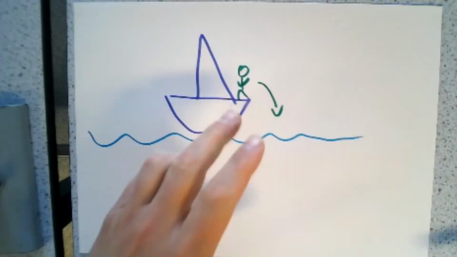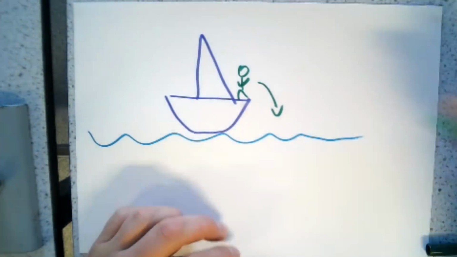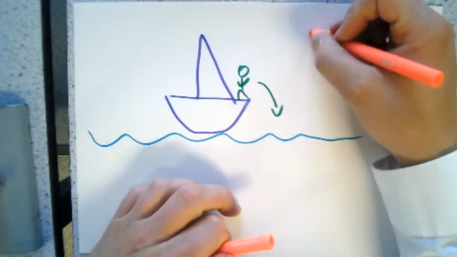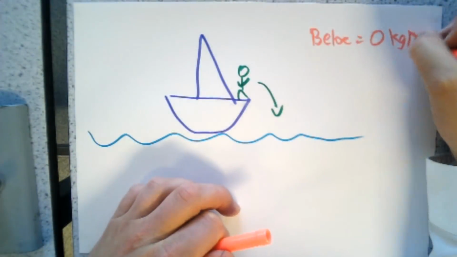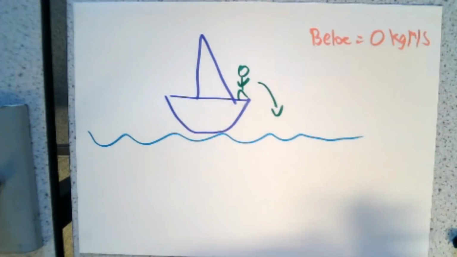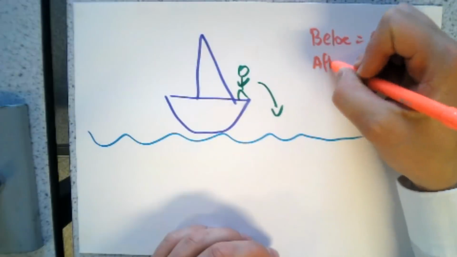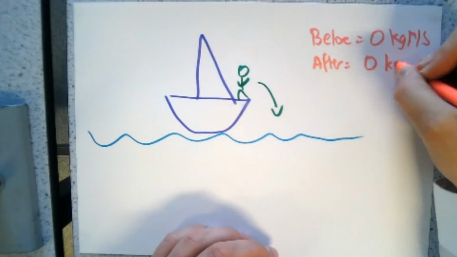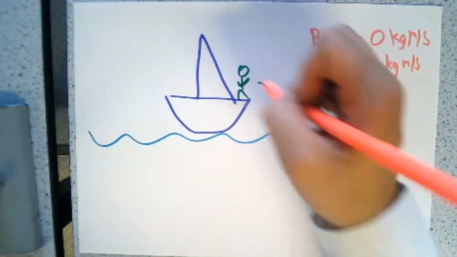Okay. Before the person jumps, the total momentum is 0 kilograms meters a second in total. After, that must mean the total momentum is going to be 0. However, that gentleman or lady is jumping in.